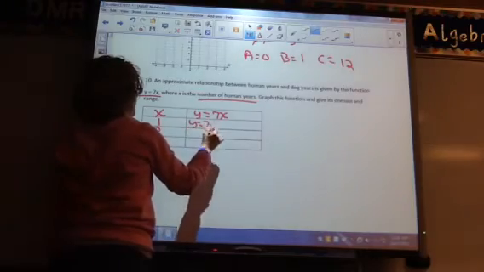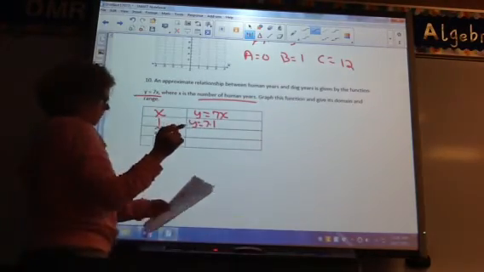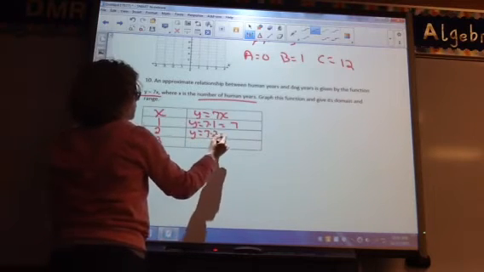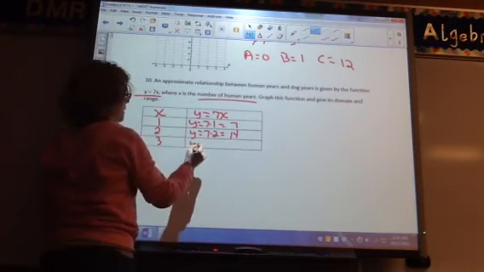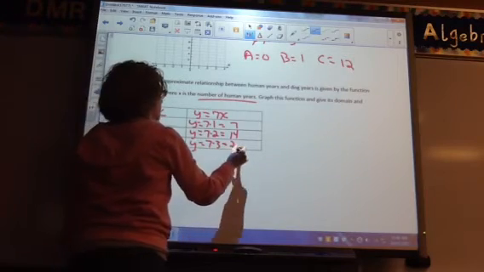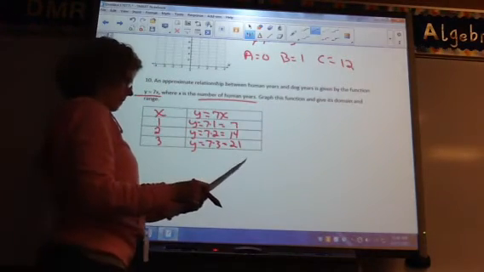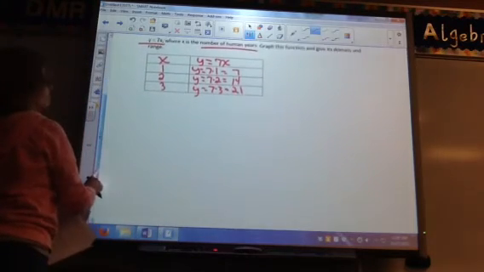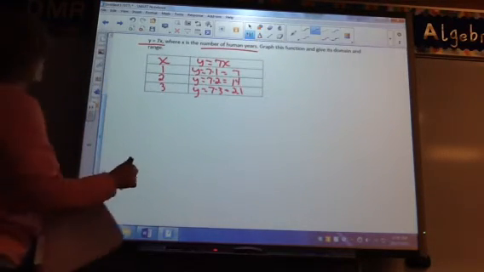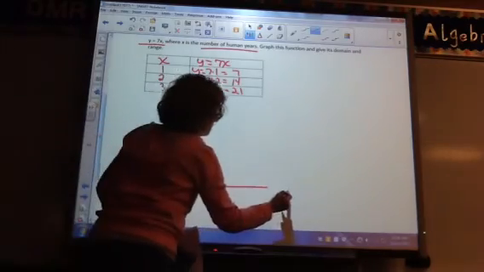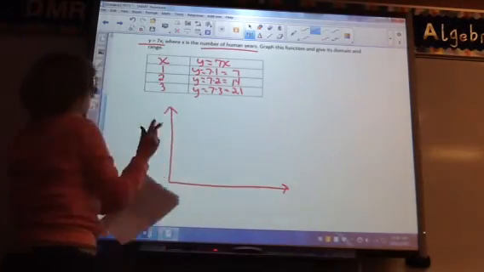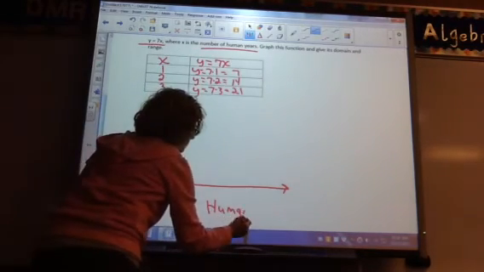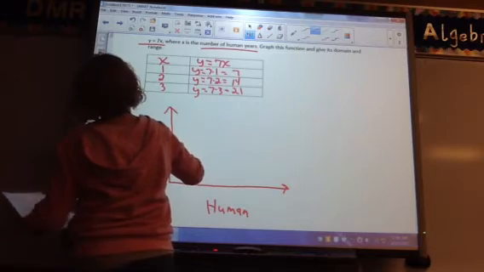Substitute 1 in for x, therefore y equals 7. Substitute 2 in for x, y equals 14. Substitute 3 in for x, y equals 21. Okay, we need to graph. Okay, so we have human years, and we have dog years.